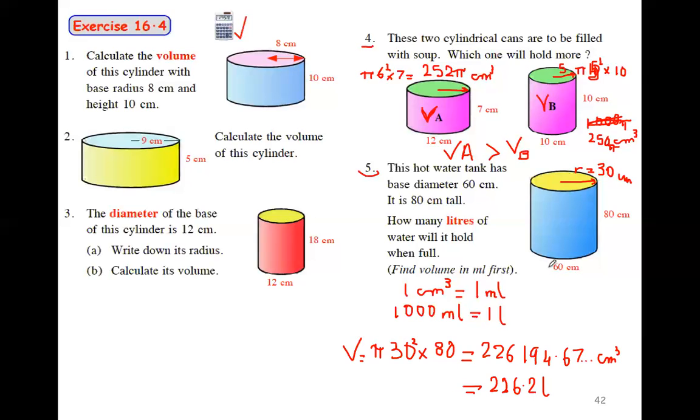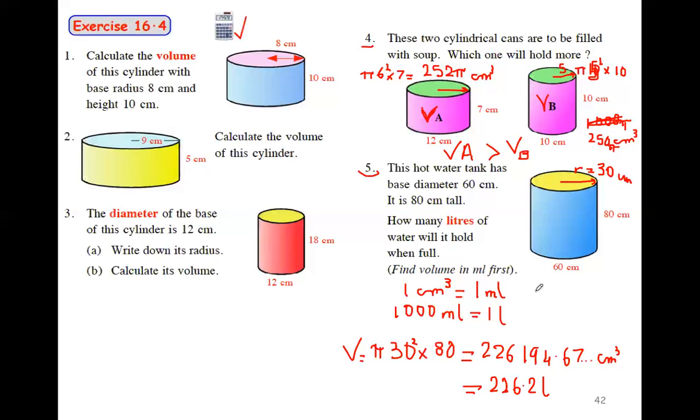A water tank, a hot water tank, for example, can hold about 220 odd liters of water. So if my answer was like 2 liters, then I would ask myself, somewhere I've made a mistake here. Unless it's a hot water tank for just making a cup of tea or coffee, but usually they're not in that shape. They're a bit like the wee square ones. So that's how you would answer this question.